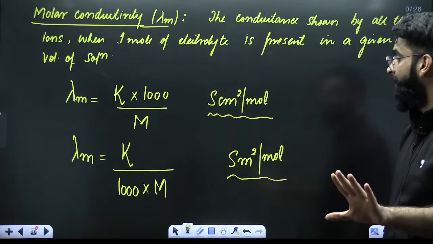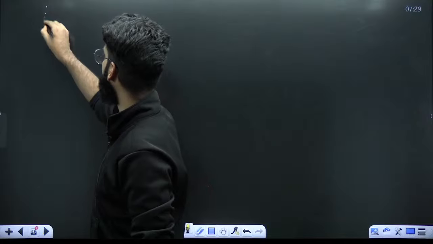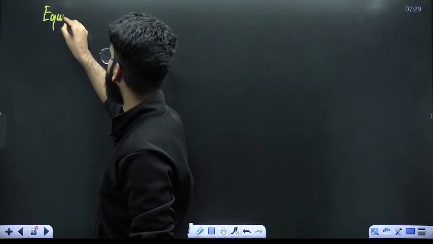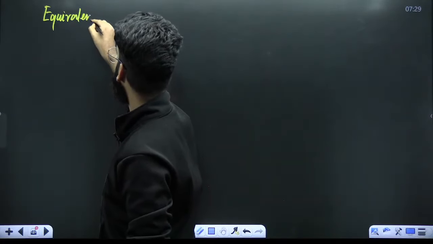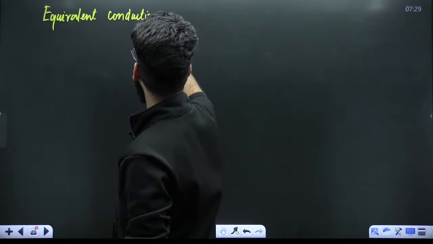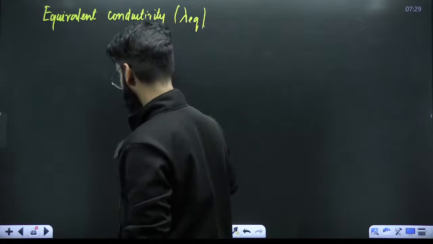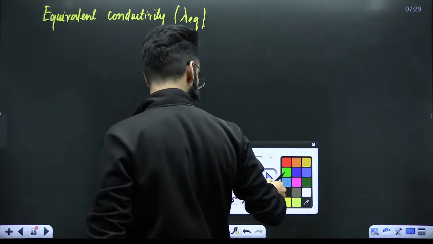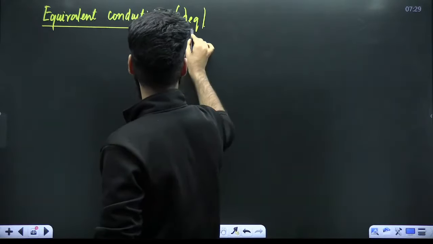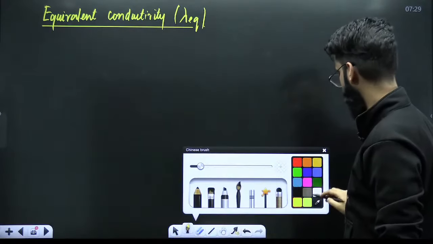Okay. All right. There is one more similar terminology that's called equivalent conductivity, which is represented by lambda EQ. Now, how do you define this equivalent conductivity? Let me write its definition. It is similar.